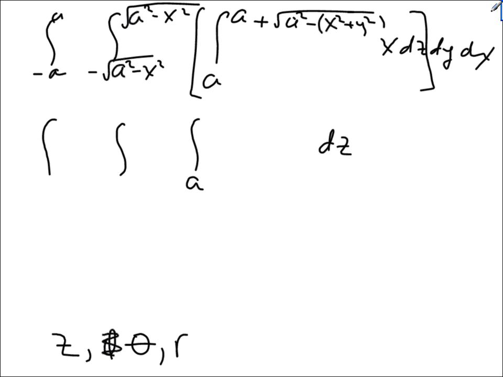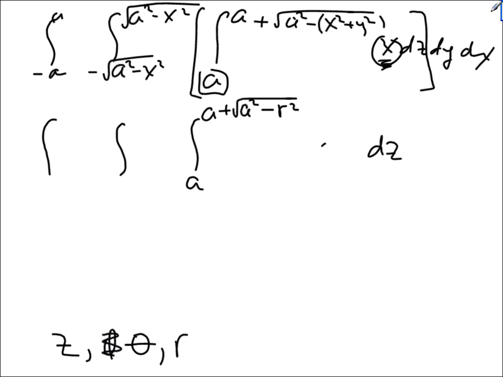And z goes from a to the top limit, a plus the square root of a squared minus. Now, no more x's and y's. You can have z's, but no more x's and y's. But x squared plus y squared is r squared. Let me just move out the dz to the right a little bit.